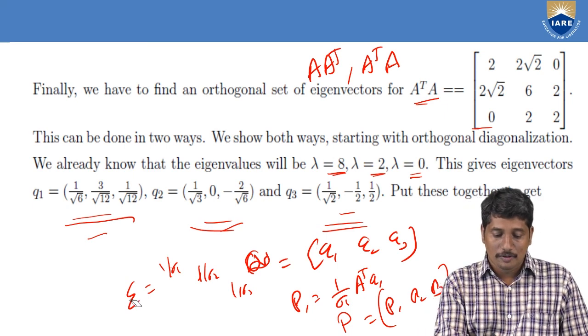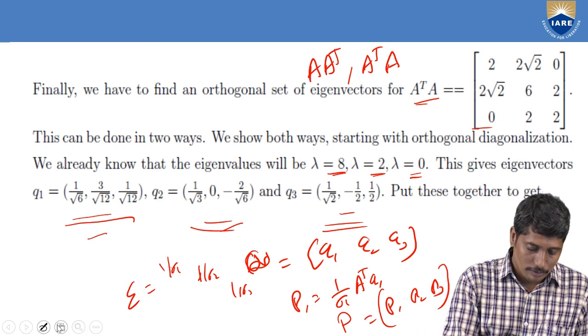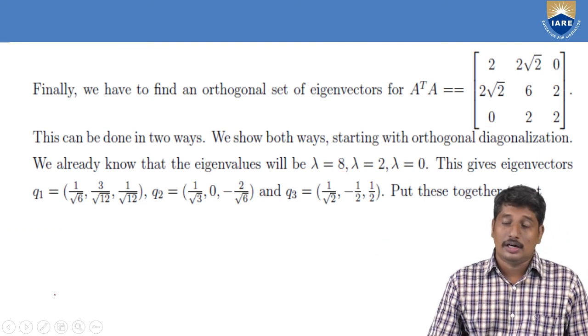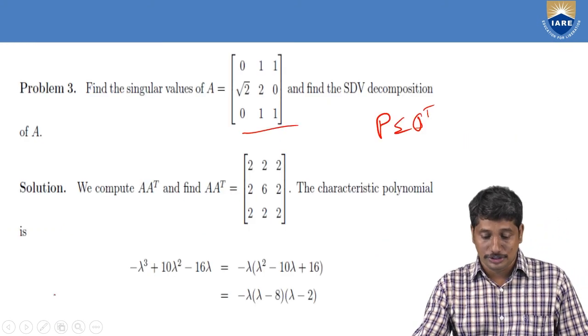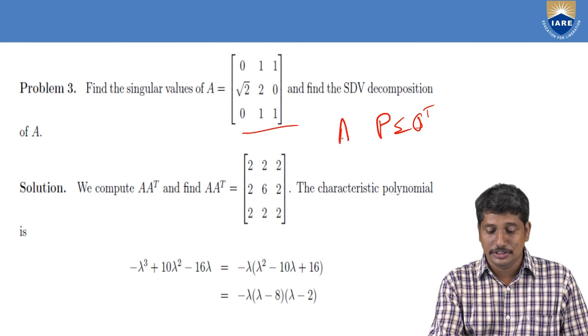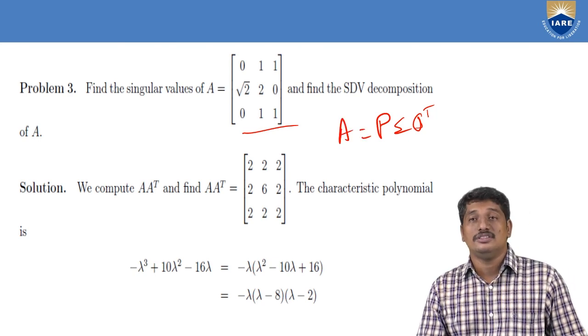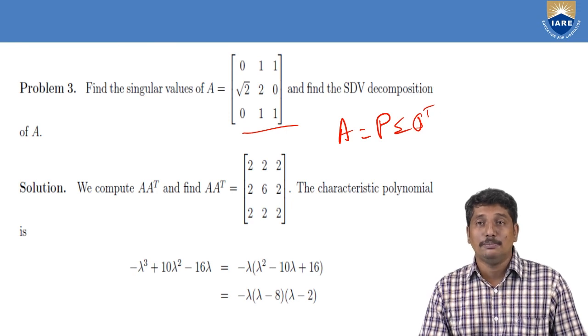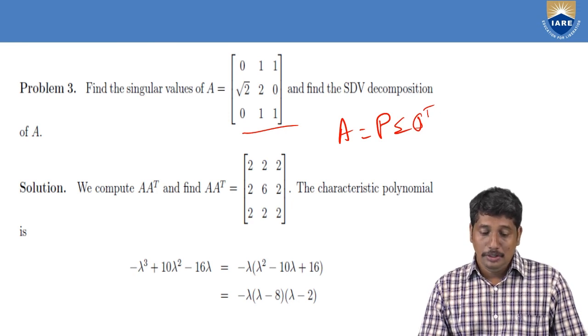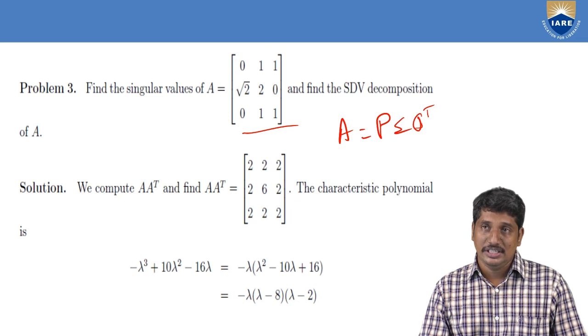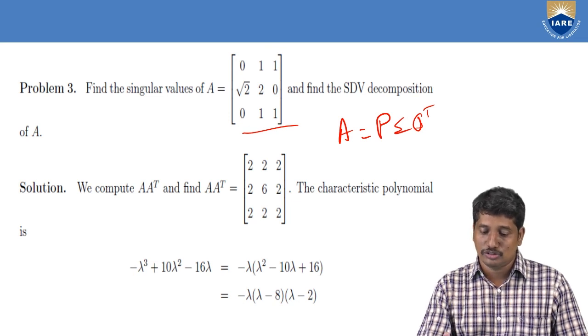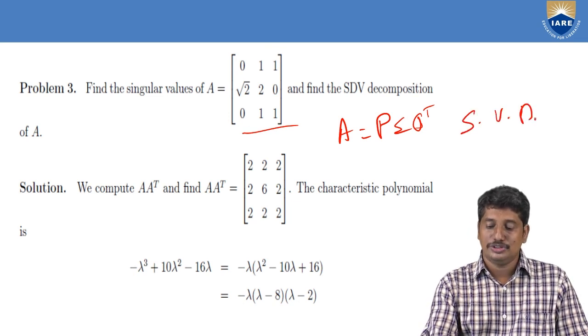And in this way, we are obtaining the singular value decomposition, that is A is equal to P sigma Q transpose. So this is the mathematical working procedure of decomposing a matrix A into the product of three matrices P sigma Q transpose, which is called singular value decomposition.